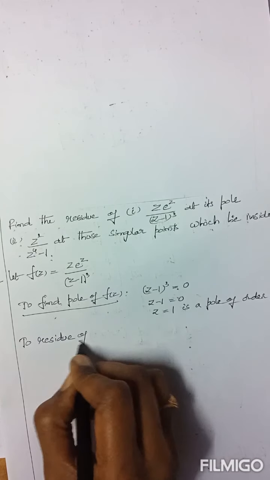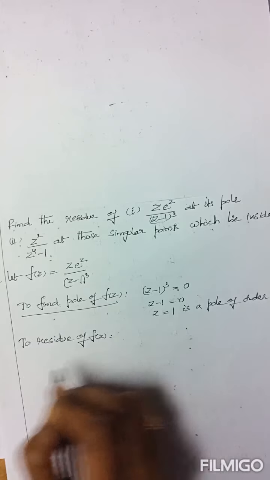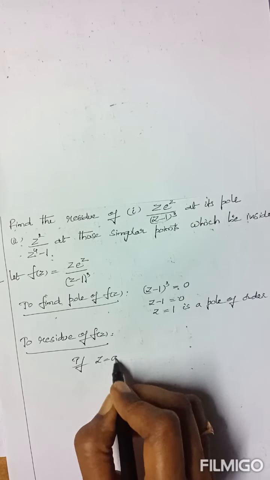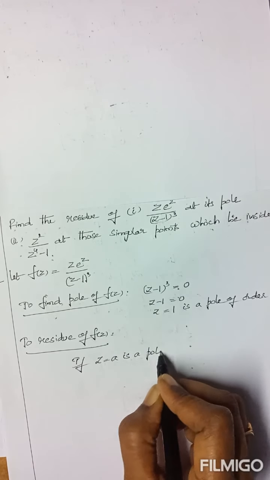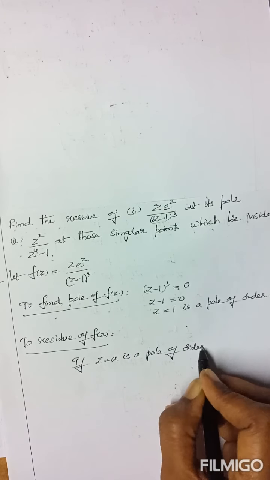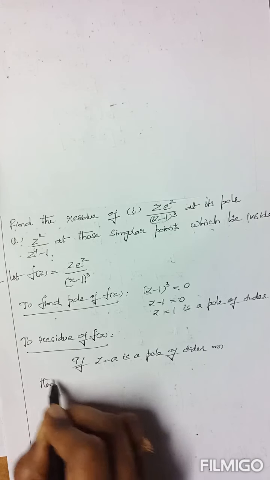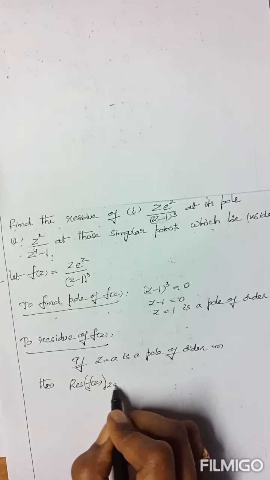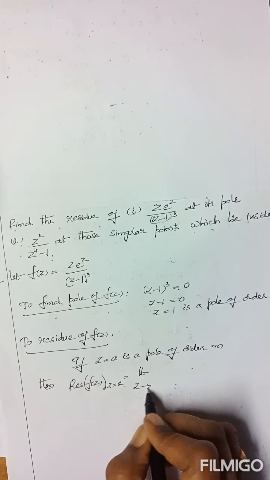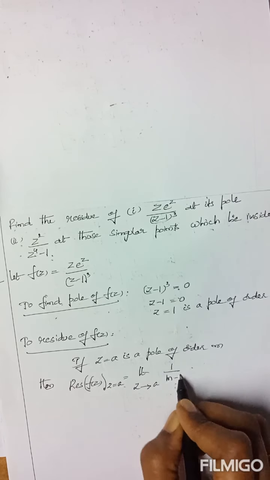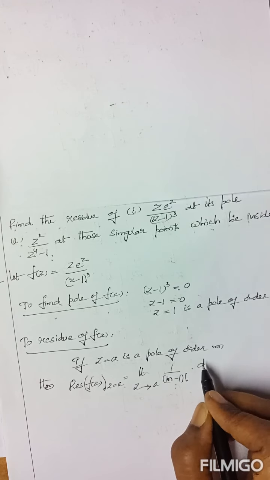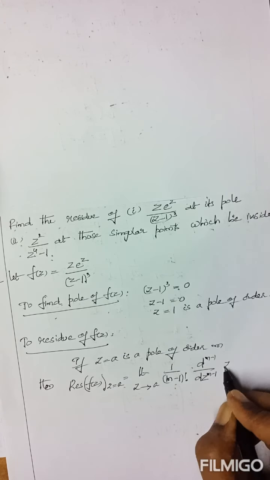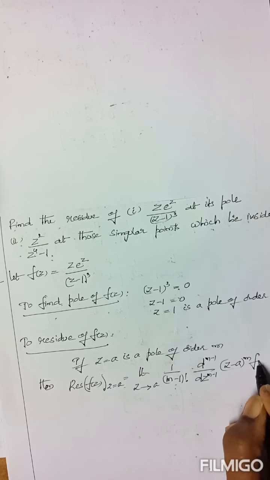We have one formula, one rule. If z equal to a is a pole of order m, then the residue of f of z at a equals the limit of z tends to a of 1 by (m minus 1) factorial times the (m minus 1)th derivative of (z minus a) whole power m into f of z.